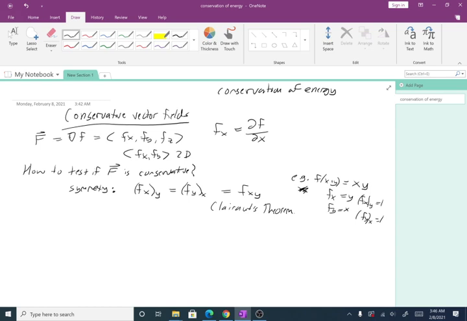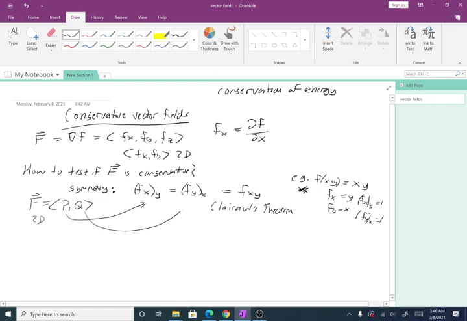So the reason I'm mentioning this is that if we look at our vector field F and it has components P and Q, we're in 2D, of course, then I'm going to plug in P here and Q here, and this says that Py equals Qx.